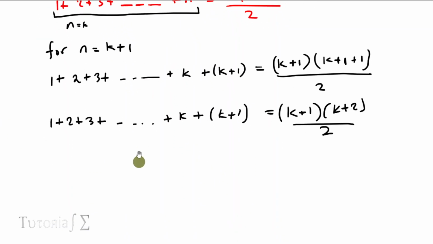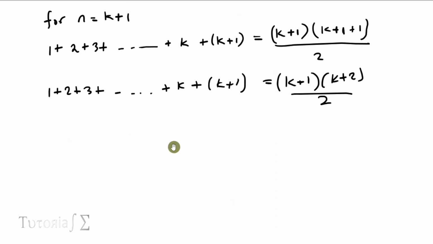Now we need to pick a side that will produce the other side. So we can choose this side to produce this side. This side is the left-hand side. So we say left-hand side is equal to 1 plus 2 plus 3 plus all the way to plus k, then plus k plus 1.